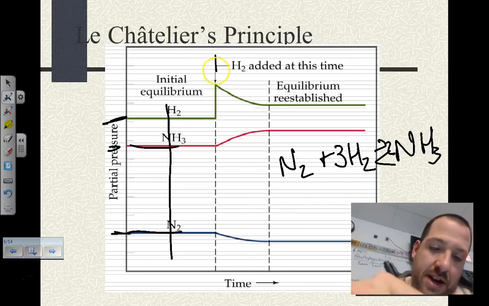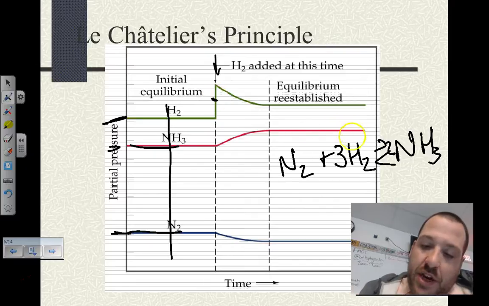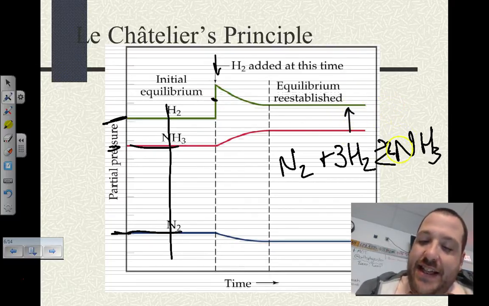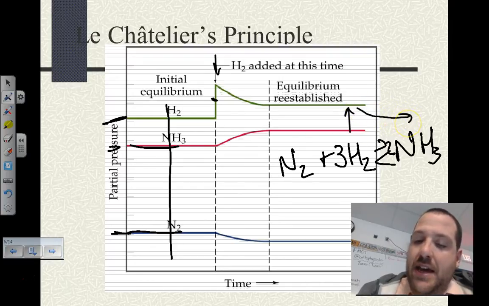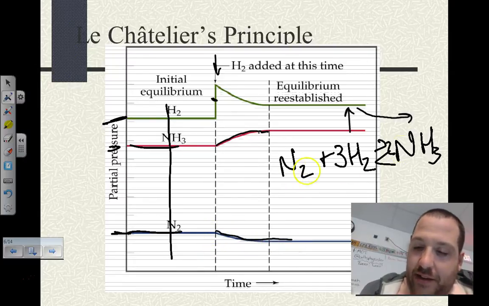But at this point, what we do is we add H2. So we're increasing the amount of H2, and that's an excess stress. So the reaction is going to shift away from H2. By doing that, we increase the amount of NH3, and we decrease the amount of N2, because in order to form the products, we have to use up even more N2 than we originally had.